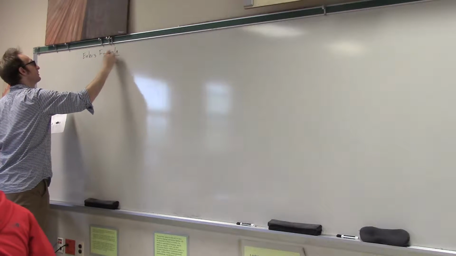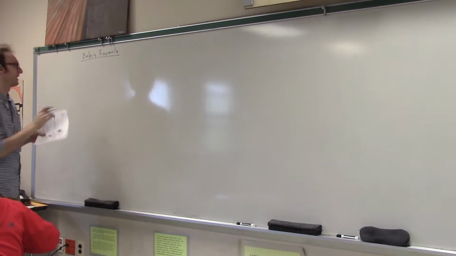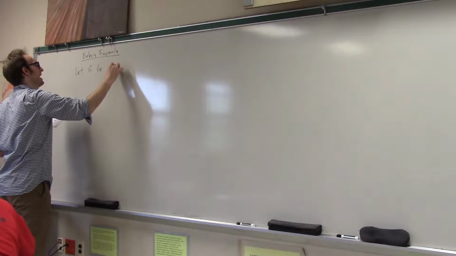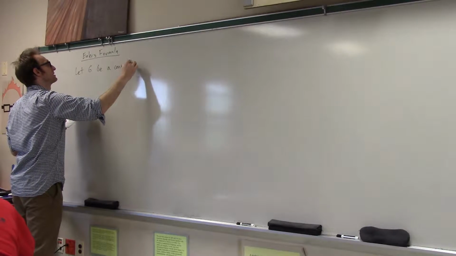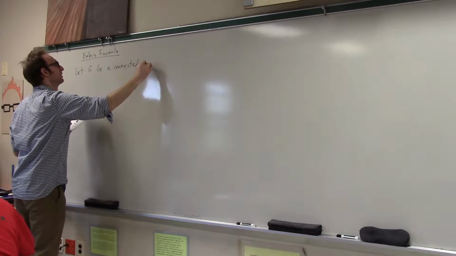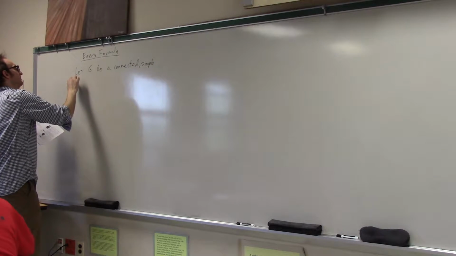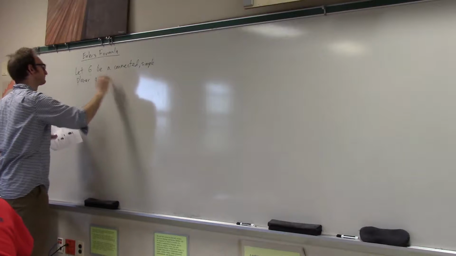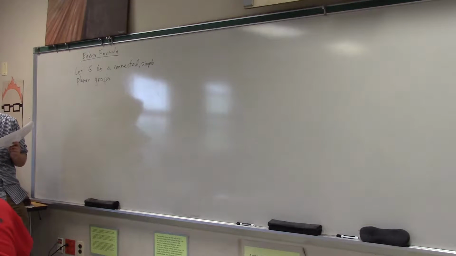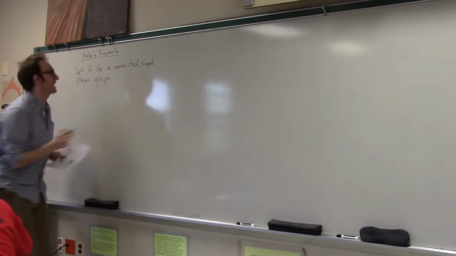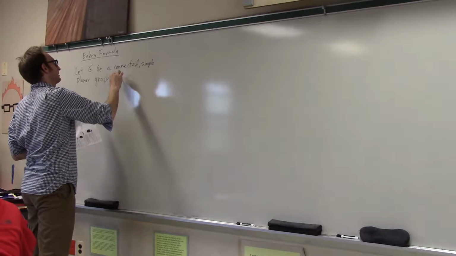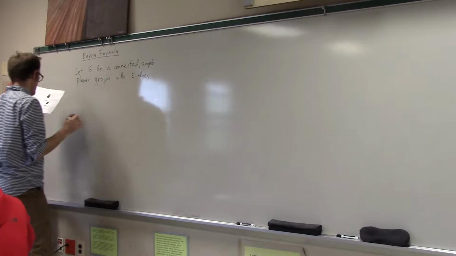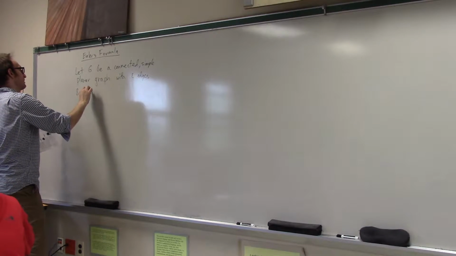Euler's formula says: let G be a connected simple planar graph with epsilon edges and n vertices.